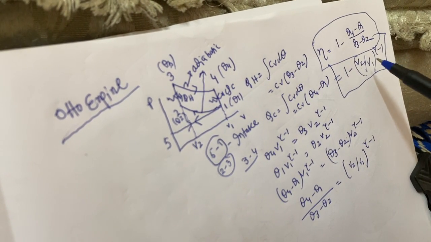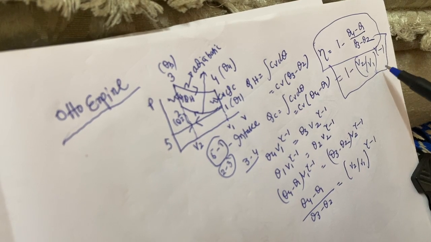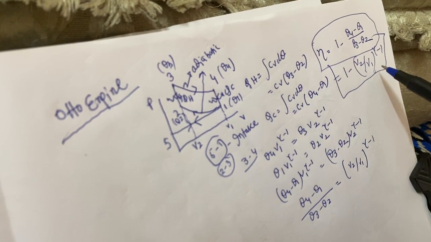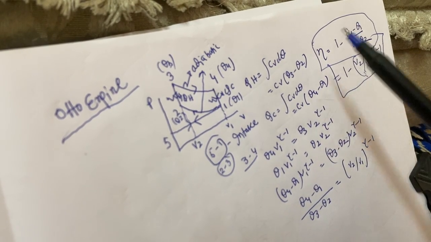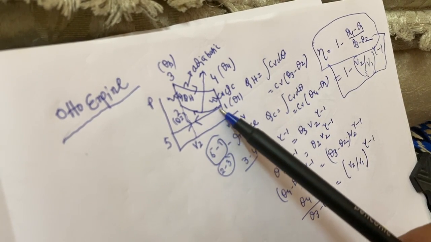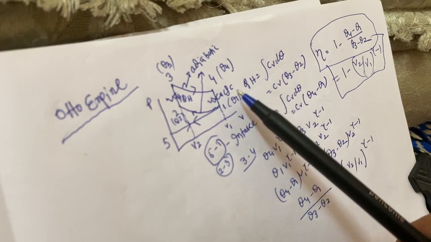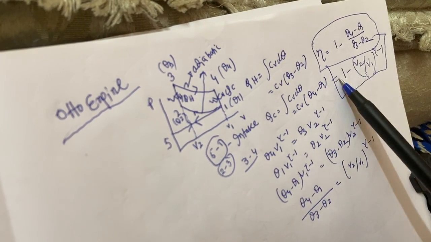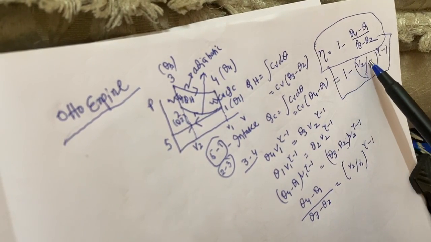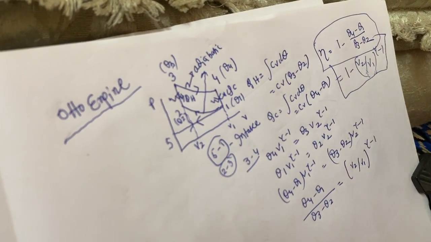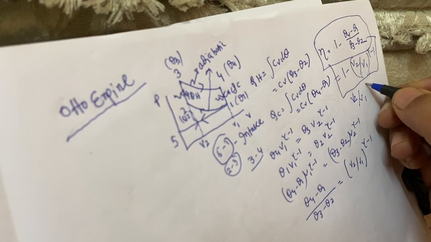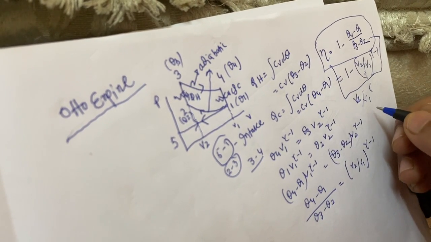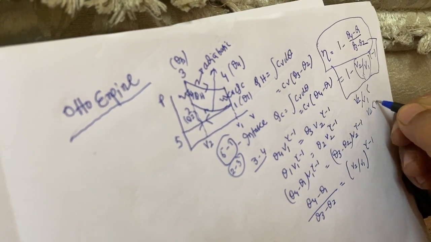If we change the ratio so that the efficiency increases, the efficiency will be greater when the V2 by V1 ratio is less, that means V2 less than V1.